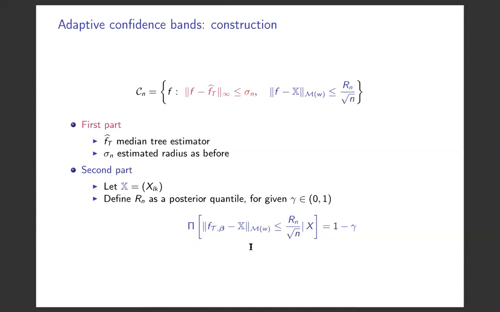As an implication, if you take a credible set in this multiscale space, it will also be a confidence set. So this ball of radius, essentially constant over square root n, asymptotically will also be a confidence set.